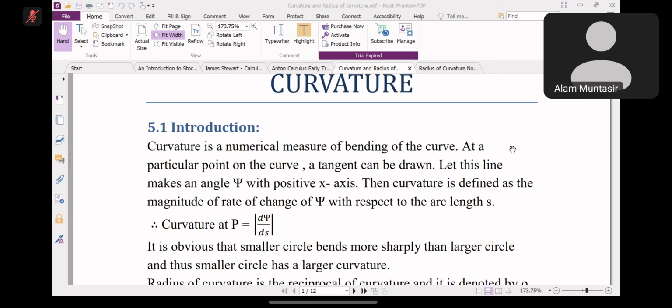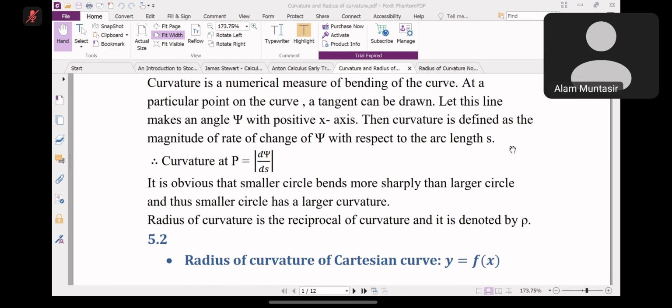That means with respect to the arc length, the rate of change of the angle psi is defined as the curvature of the curve at that particular point. So at any point, we can calculate the curvature, right? Since at every single point there is a rate of change, we can calculate curvature at every single point on a given curve.